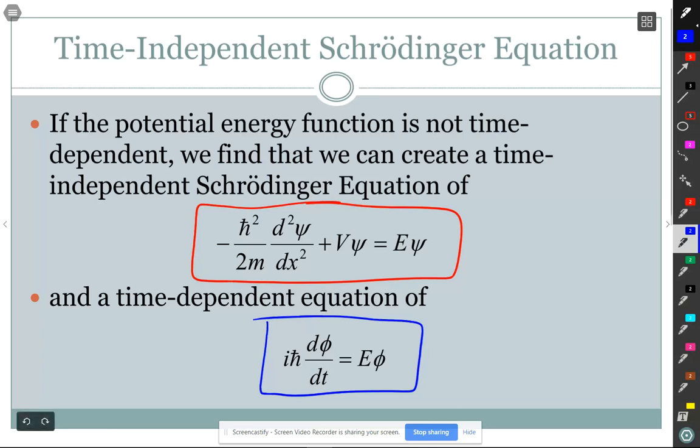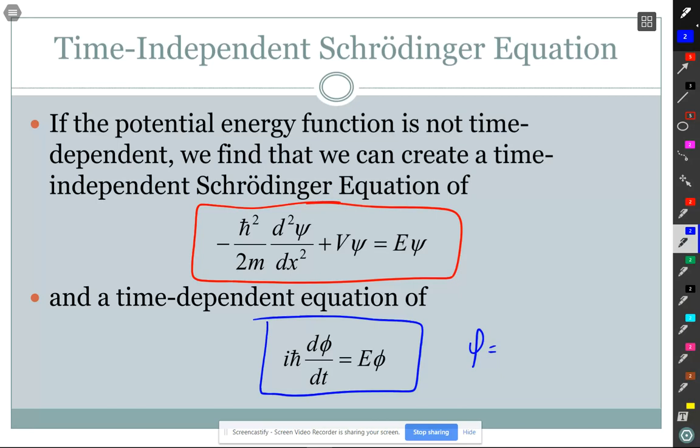How would you solve this to find phi as a function of time? And this does go back to our first class, the first Tuesday of first semester. I have two variables, phi and time. So what do I have to do to solve for phi as a function of time?